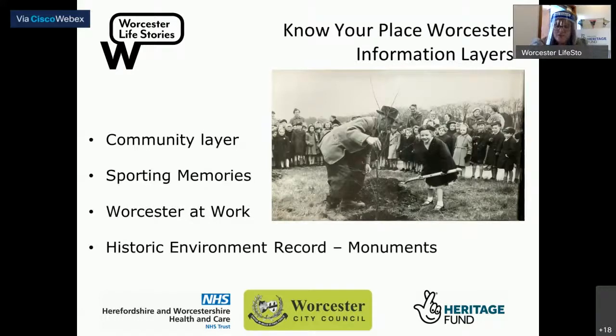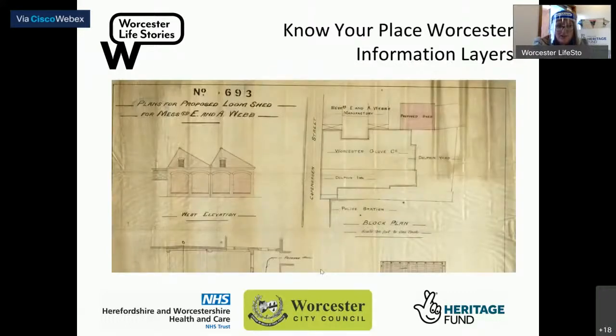So those are some of the things that we've already been thinking around. Just to give you a nice image of one of the resources from the historic environment record here. This is one of our historic building applications from the late 19th century.